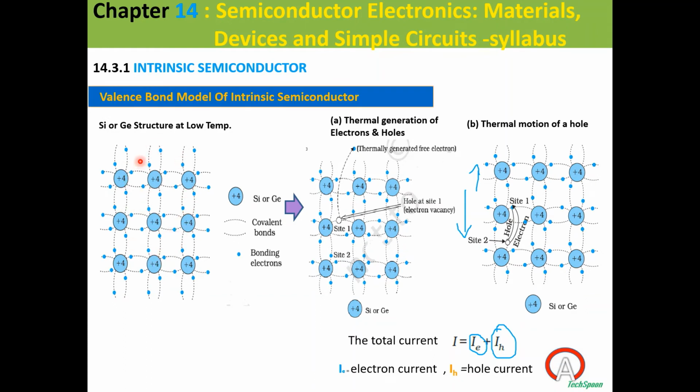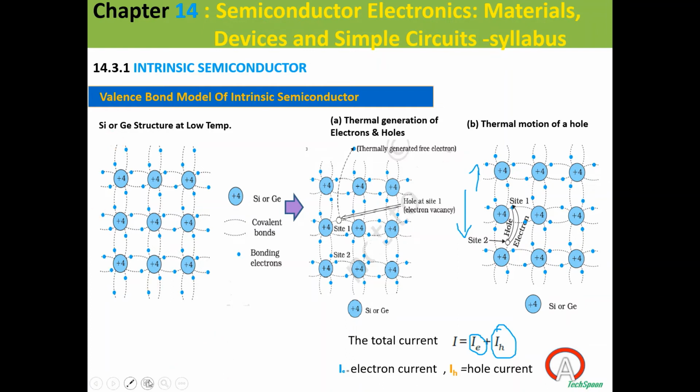All the electrons are in the valence band, and in the conduction band there is no free electron. In the first figure, it is the covalent bond picture, so all the electrons are available in the valence band.